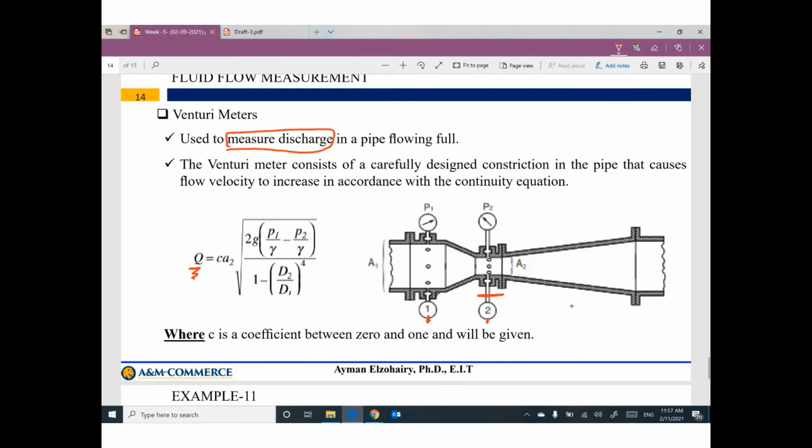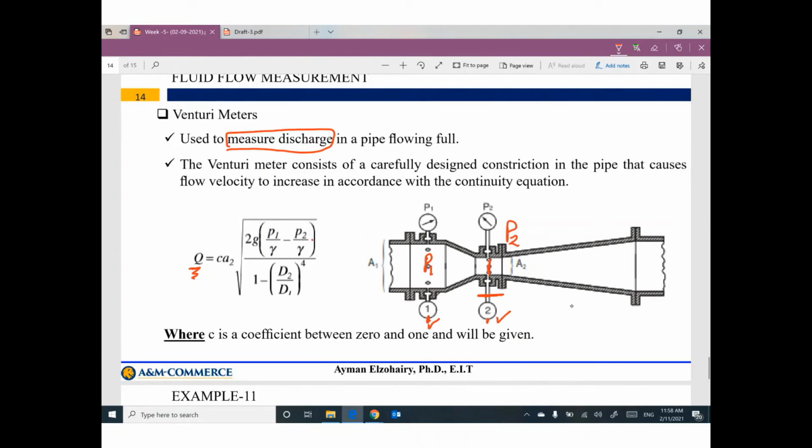The discharge will equal C A2, the area at section number 2, square root of 2g (P1 divided by gamma minus P2 divided by gamma) divided by (1 minus (A2 divided by A1) squared). Make sure A1 and A2 are the cross-section areas at section number 1 and section number 2. P1 and P2 are the pressures at section number 1 and section number 2.